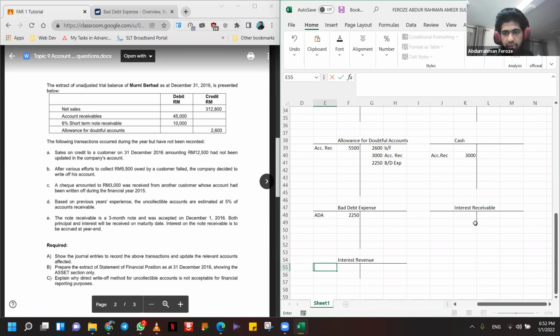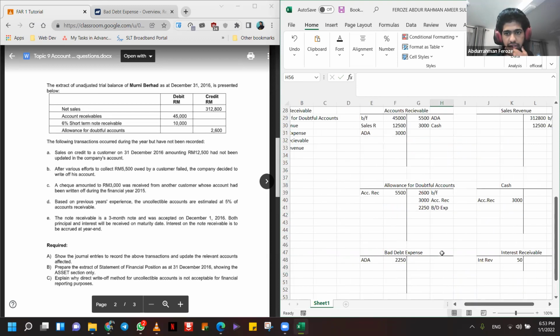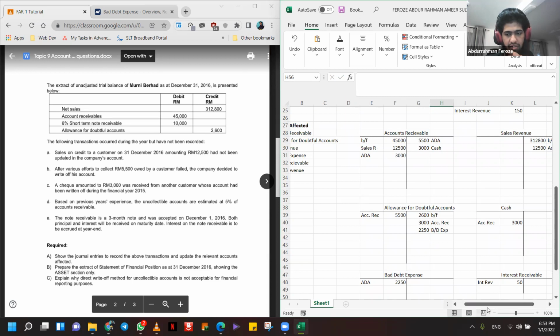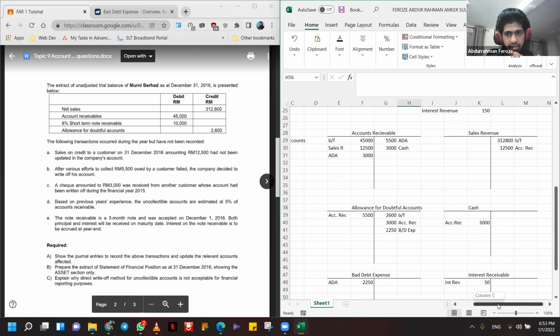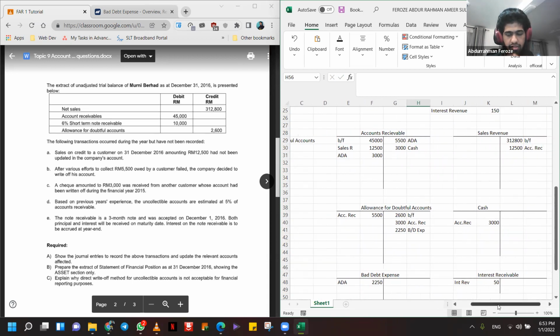We debit interest receivable by 50 and we credit interest revenue by 50. Was that clear? Did you guys get all of that? Yes.